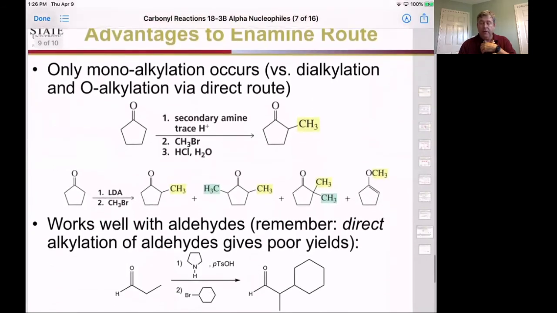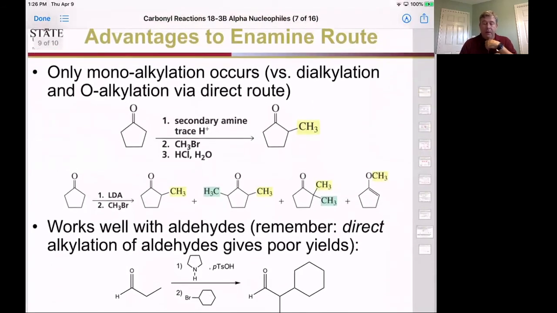Okay, so here are the advantages of that enamine route. First of all, you only get monoalkylation. In the case of a base like LDA, if you don't use exactly one equivalent of LDA, you have the possibility of deprotonating once in the alpha position, and then an opportunity to deprotonate in the other position, or doing multiple deprotonations, or even occasionally getting nucleophilic attack by the oxygen itself.